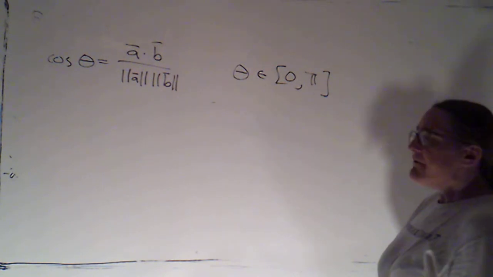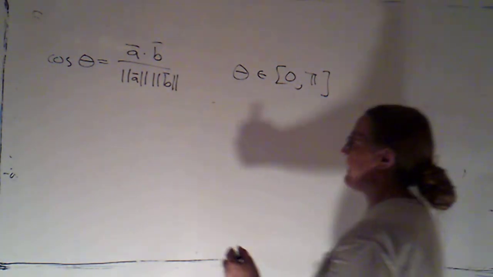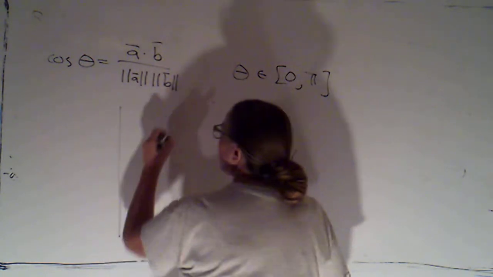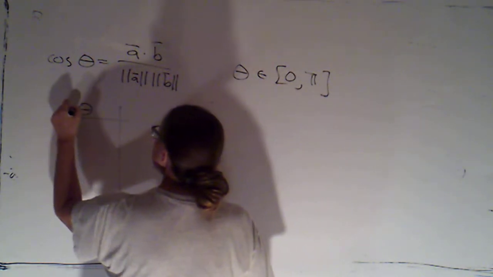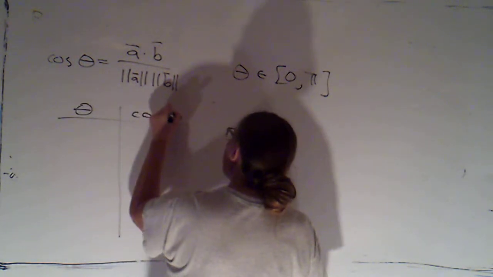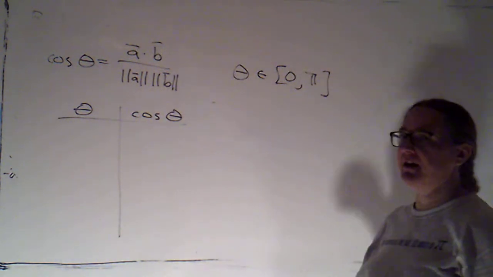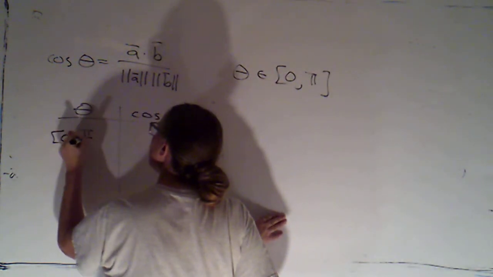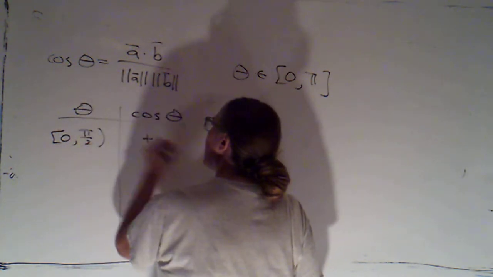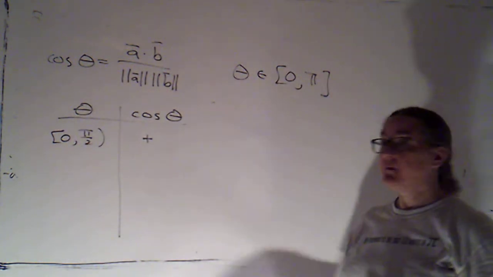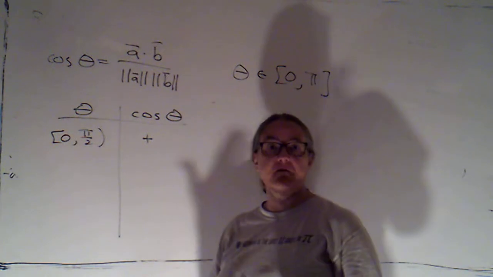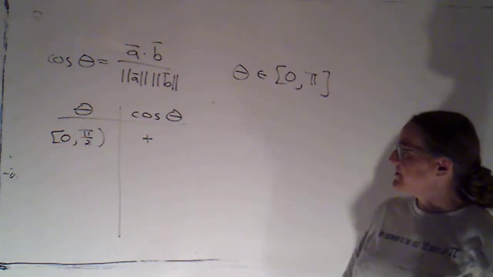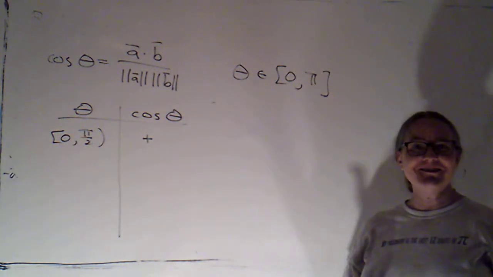And if I look at where theta lives and the sign of cosine of theta, if theta is between 0 and pi over 2, cosine of theta will be positive, because cosine of 0 is positive 1, and the other angles in that interval are acute angles.